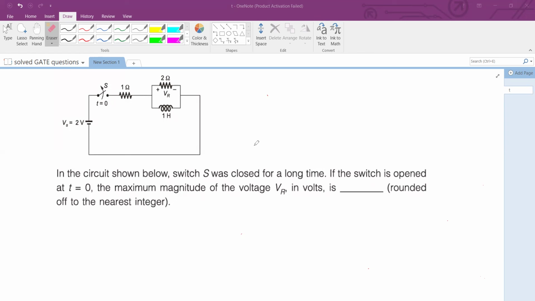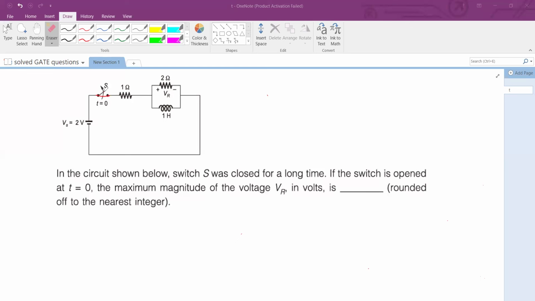As you can recall, we have discussed this problem statement, which is shown on your screen right now. In the circuit shown, the switch was closed for a long time.